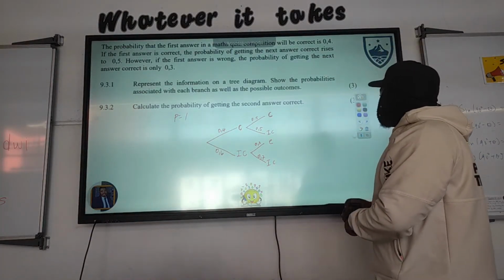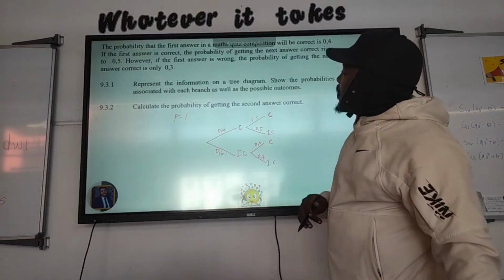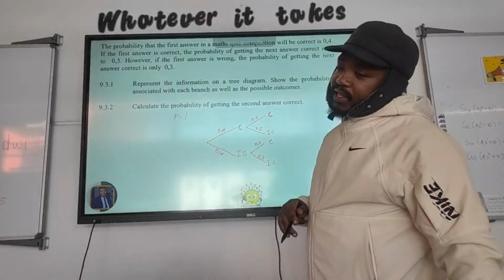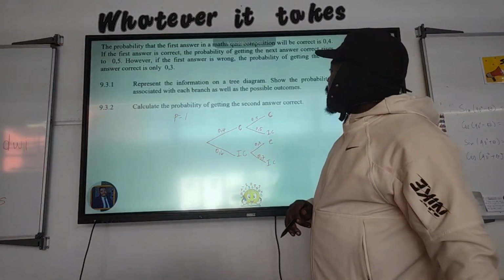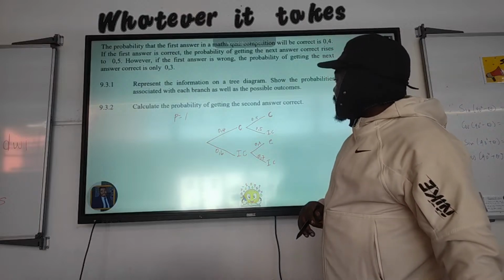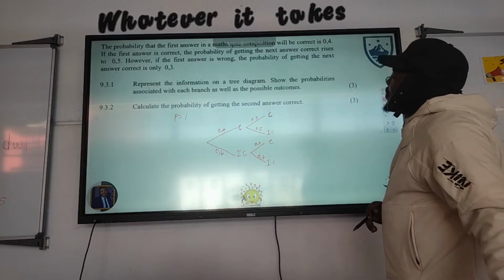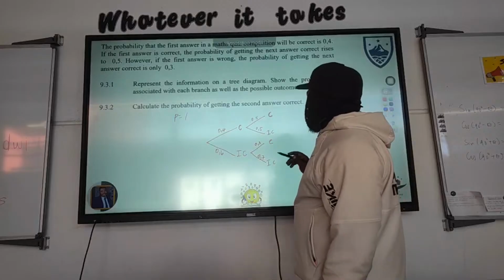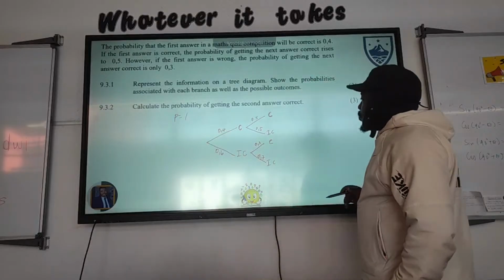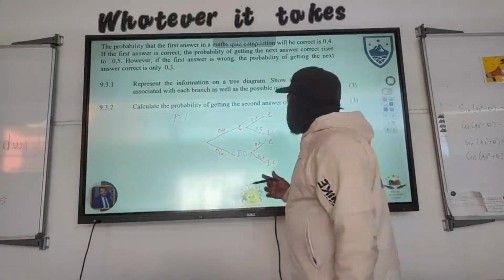Now that we have our tree diagram, we are sorted, we can answer any question. The next question is saying, calculate the probability of getting the second answer correct. So it means we need the second answer to be correct, even if the first answer can be incorrect.